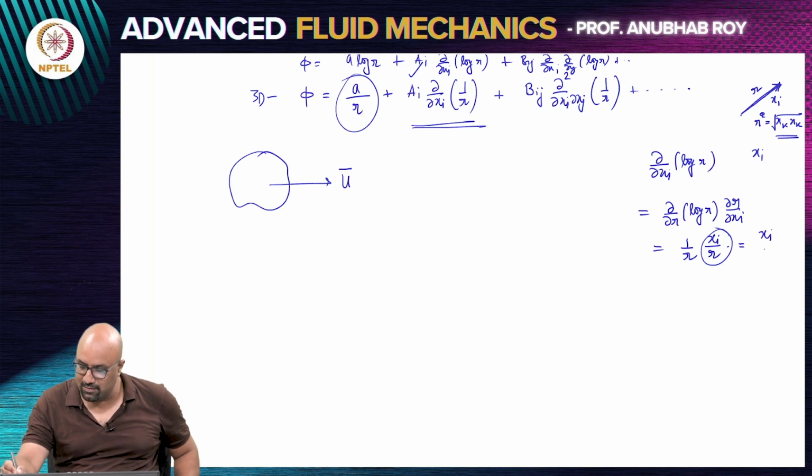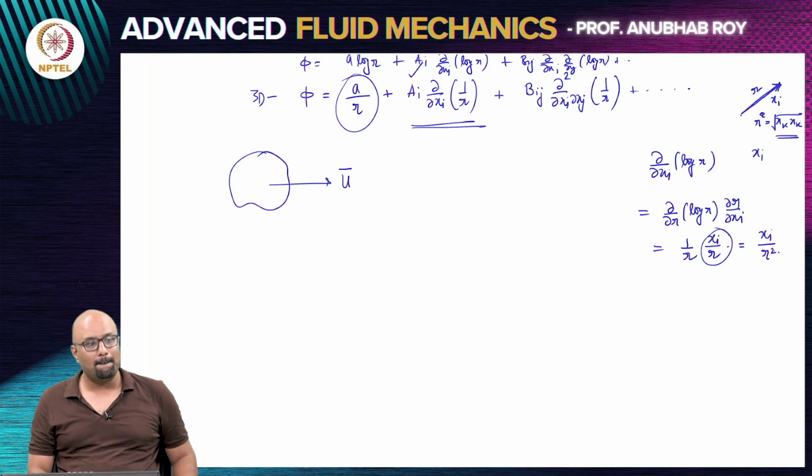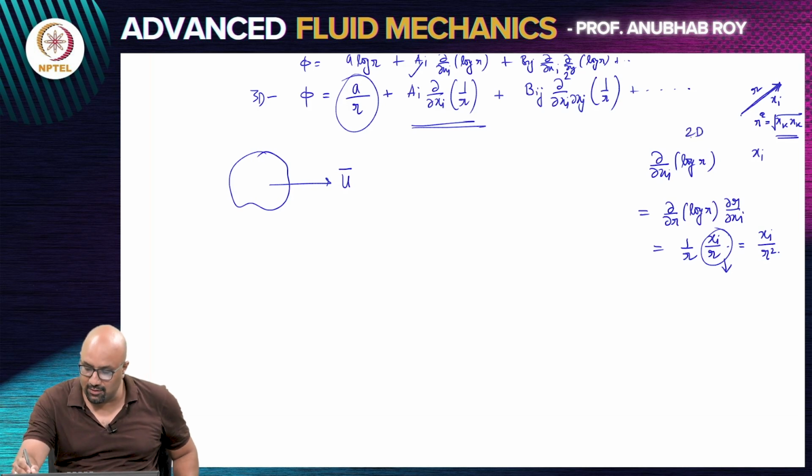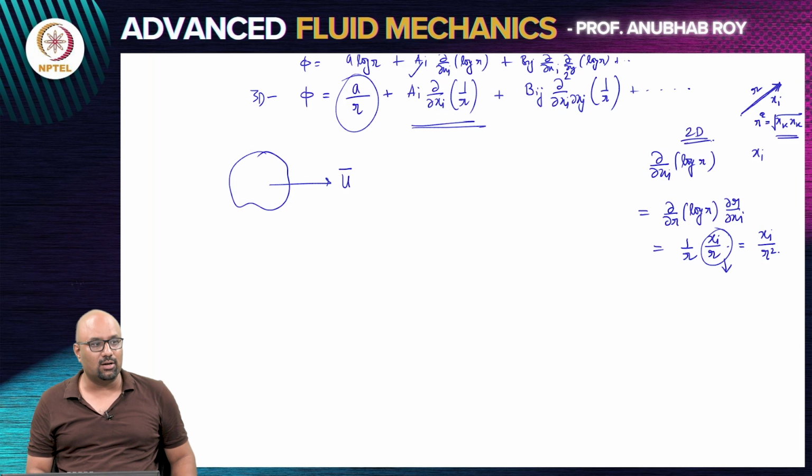So, I have xi by r square. What is xi by r if I were to use, let us say, circular polar coordinates? So, this is now in 2D, right? We are doing all of this now in 2D. I am trying to make you think in terms of 2D.